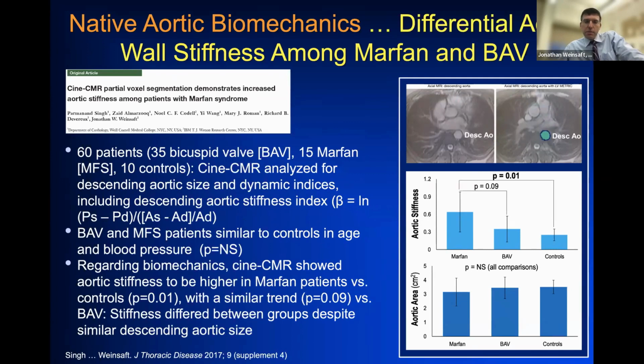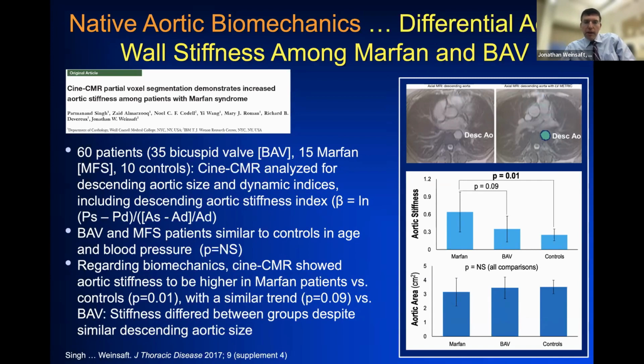analyzed aortic distensibility, namely cardiac MRI quantified distensibility, as well as wall motion excursion or strain, to calculate aortic stiffness index between patients with Marfan syndrome as well as other conditions. What you can see from this data is that bicuspid aortic valve patients were similar with regard to both controls as well as Marfan syndrome with regard to age and blood pressure, also with regard to stroke volume as well.